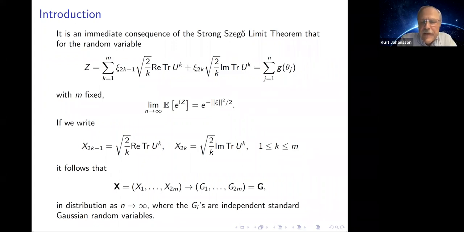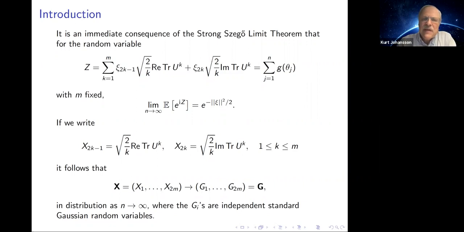This tells you that this linear statistic in the limit is a normal random variable. This is a prototype of this type of results throughout random matrix theory, that linear statistics of this form over eigenvalues converge to Gaussians in many cases.